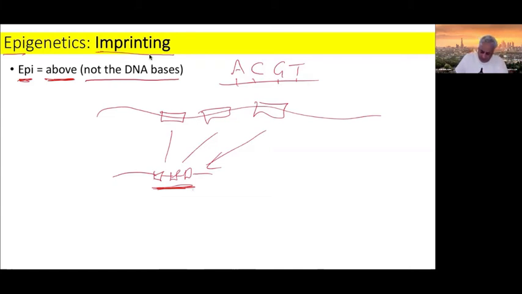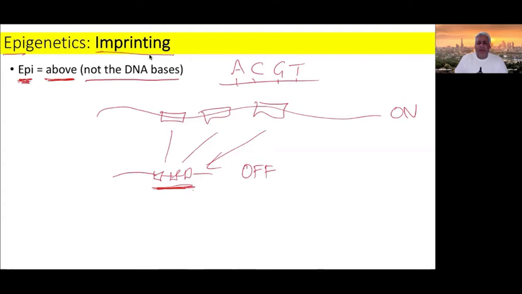So this region of the chromosome will be off, and this region of the chromosome under this circumstance will be on. So that's what epigenetics does. It changes the compaction of the chromosome. It makes some regions tighter, other regions open up and loose.